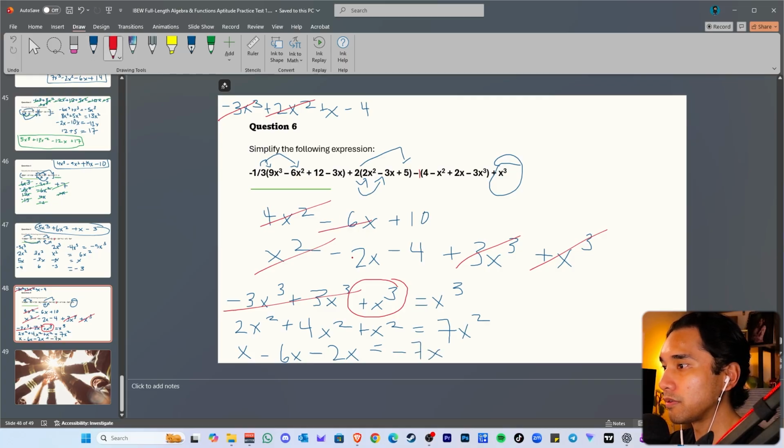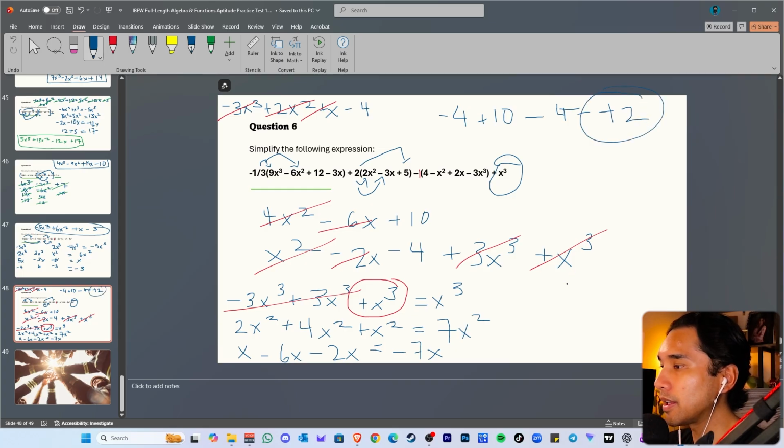Okay, and hopefully I got all the x terms. And now that we're at our last term, we have minus 4 right here, plus 10 minus 4. Okay, we could do this. Minus 4 minus 4 is negative 8, plus 10 equals plus 2.